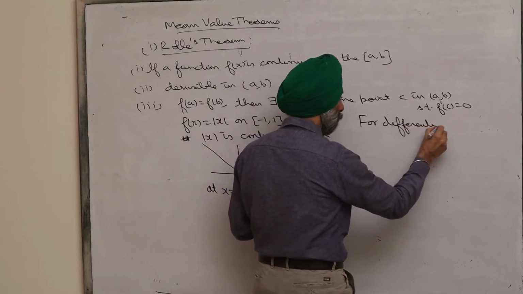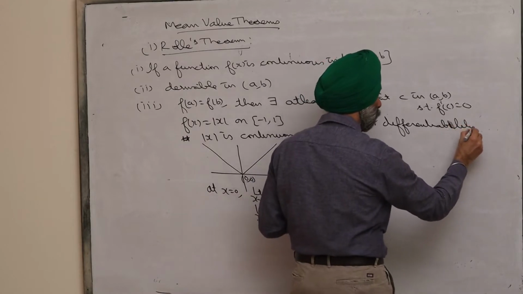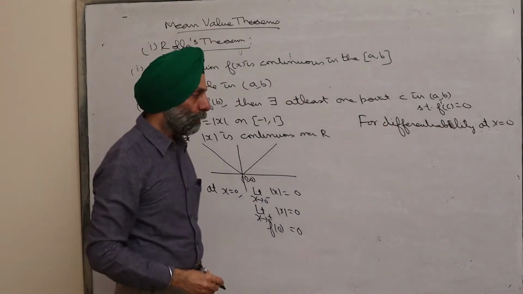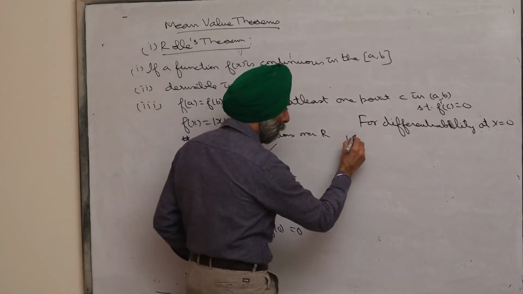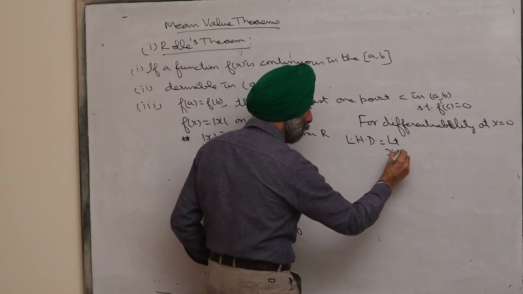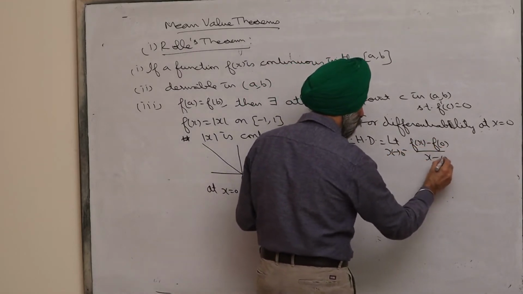Now for differentiability at x is equal to 0. The left hand derivative is equal to the limit as x approaches 0 from the negative side of (f(x) minus f(0)) upon (x minus 0).